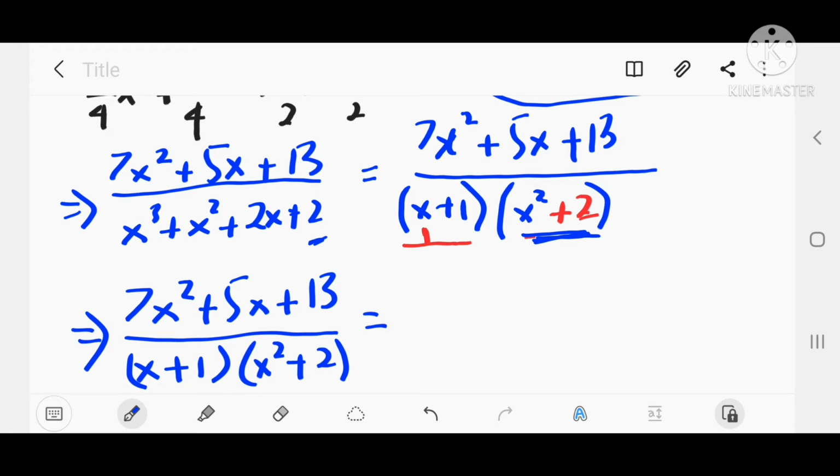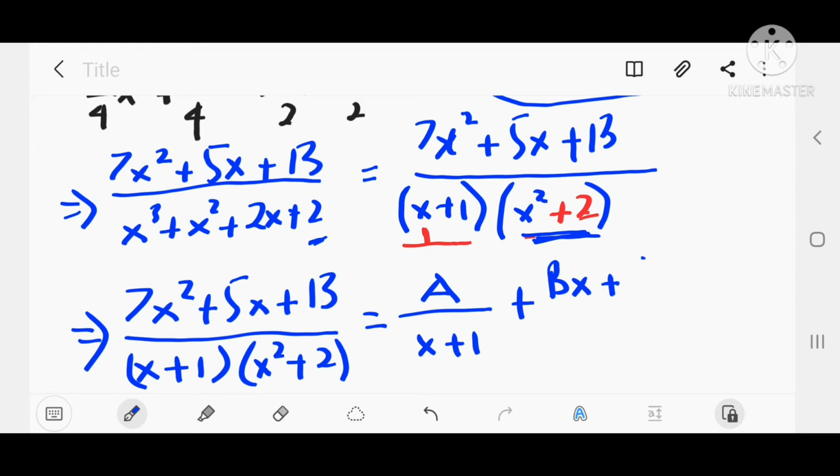This will be equal to A on x plus 1, we are expressing it in partial fraction form, plus then the second factor, because it's a quadratic factor, we express the numerator in linear form.